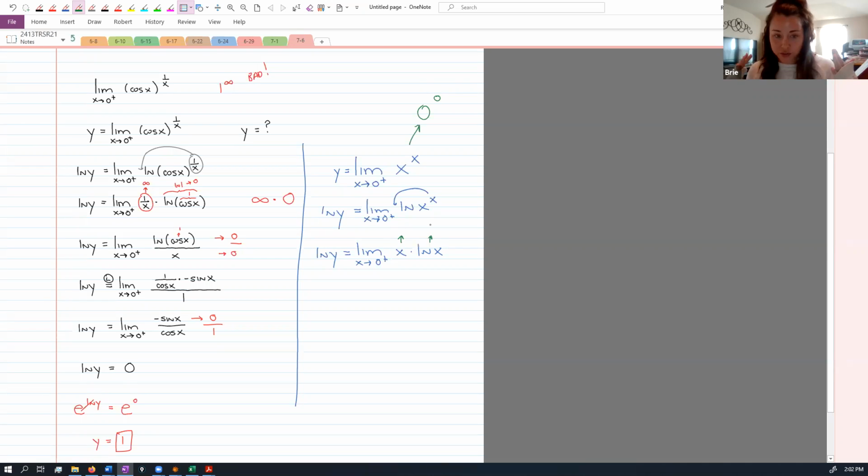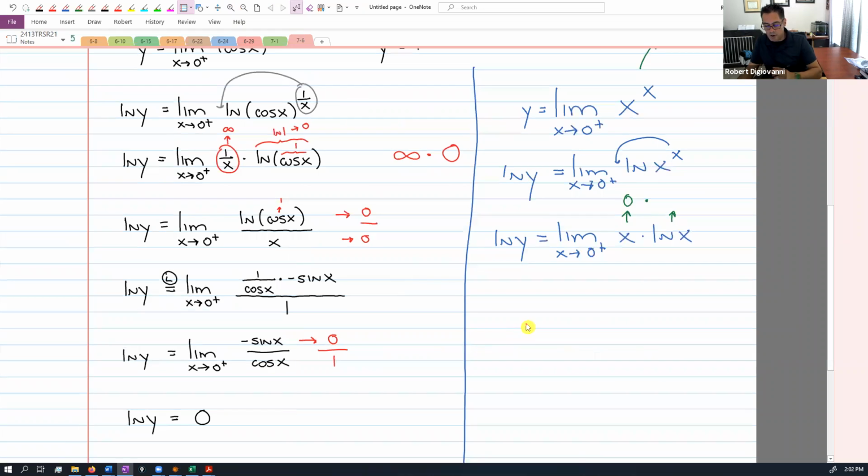X is heading to zero, times infinity. Negative infinity. Remember everyone that natural log of x, the graph of that, here's natural log. As you head to 0 from the right, it heads down to negative infinity. So we get negative infinity here.